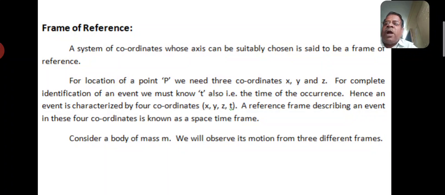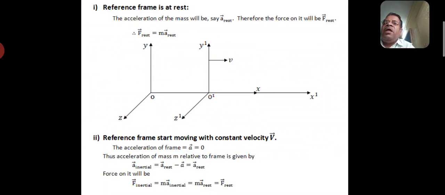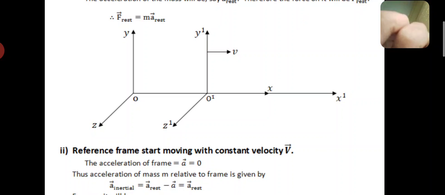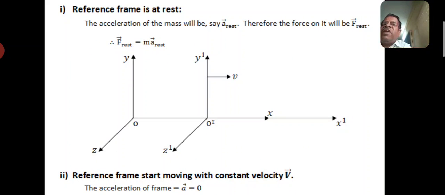Consider a body of mass m. We will observe its motion from three different frames. First, we consider the body is at rest. The acceleration of the mass will be denoted by a rest.